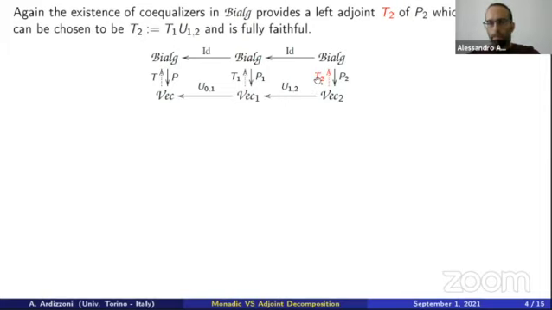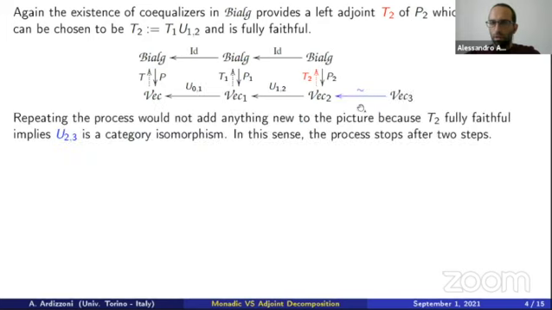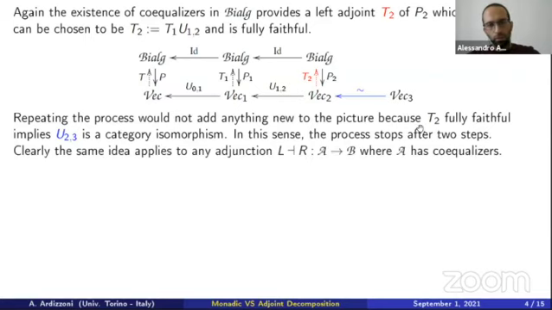The full faithfulness guarantees that if we try to repeat the step, the next forgetful functor will be a category isomorphism. And so in some sense, the process stops after 2 steps, meaning that going on, we just get the same thing, the same adjunction and the same categories beyond.